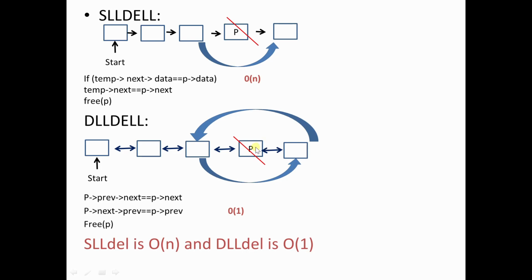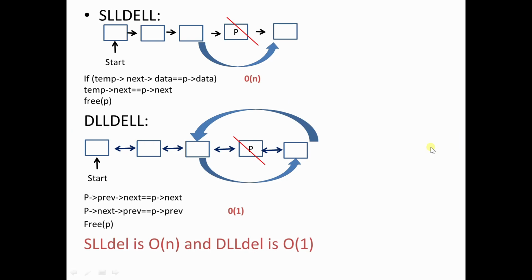That next node of P is also denoted by its pointer. So P will have two pointers, one pointing to its previous node. By that we will go to the previous node and change its next pointer.